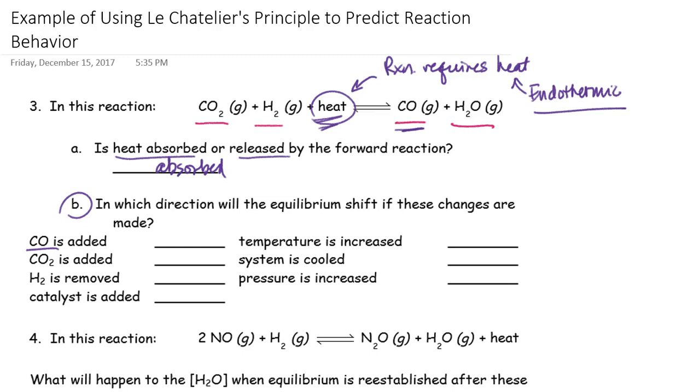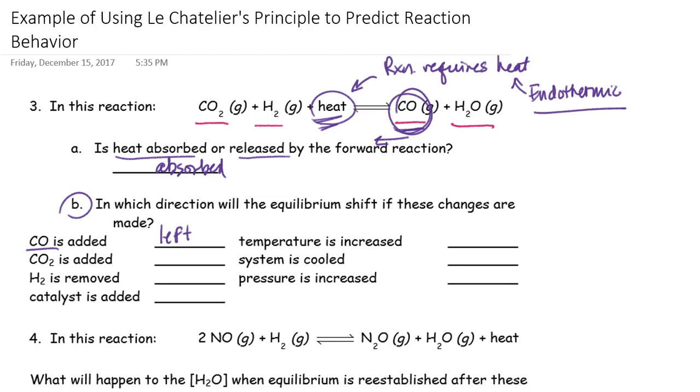If I increase the concentration of carbon monoxide, the reaction is going to fight to decrease the amount of carbon monoxide again. The only way that can happen is if the reaction proceeds backwards towards the reactants, or to the left. So the equilibrium will shift towards the left.